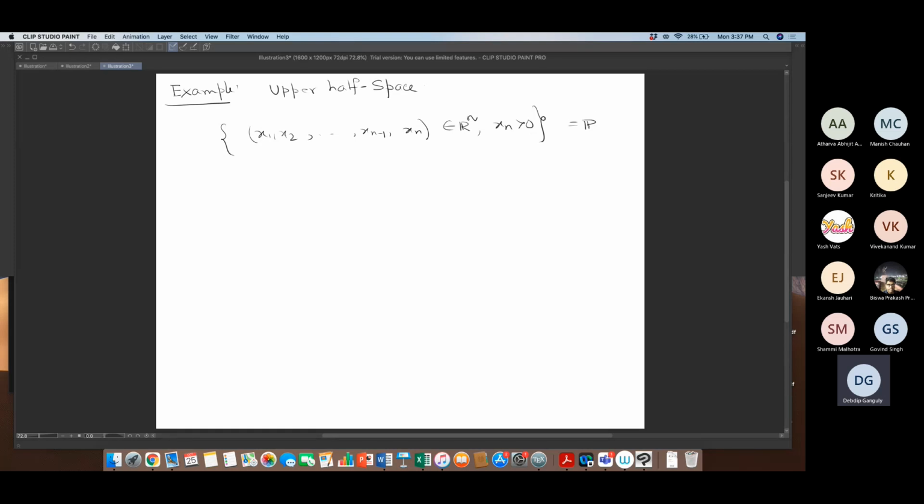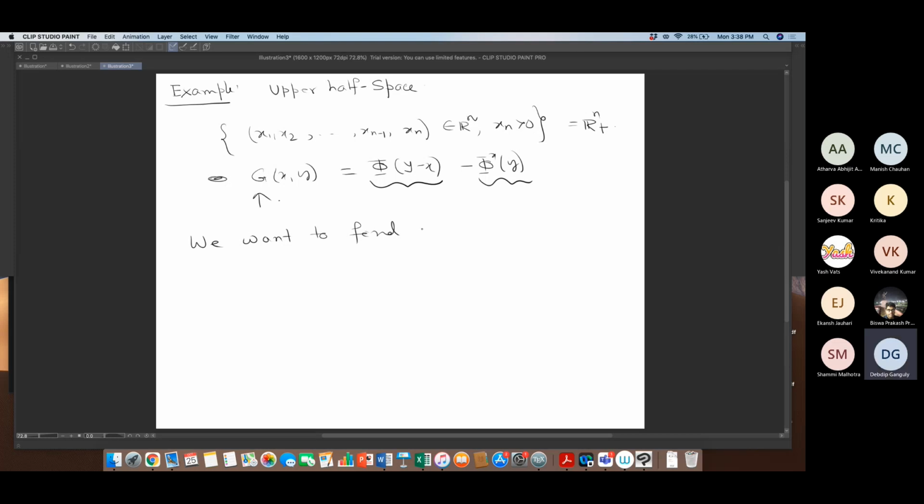This is R^n plus. We know the Green's function has two entities: phi of y minus x minus the corrector of x,y. Since you know explicitly what the first is, it is enough to find the harmonic function. We want to find a harmonic function.